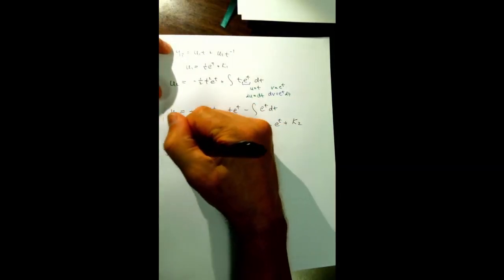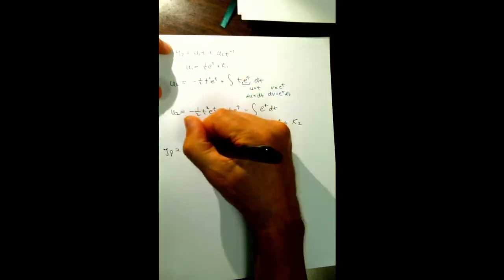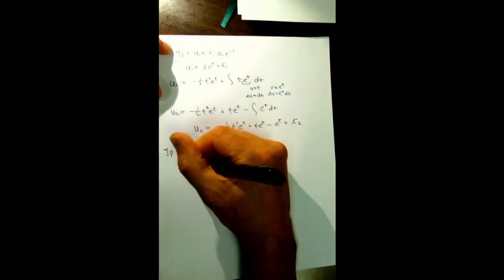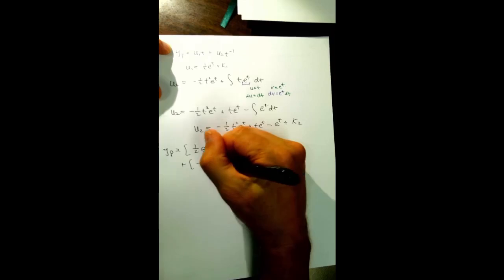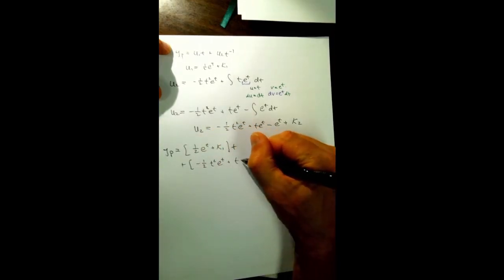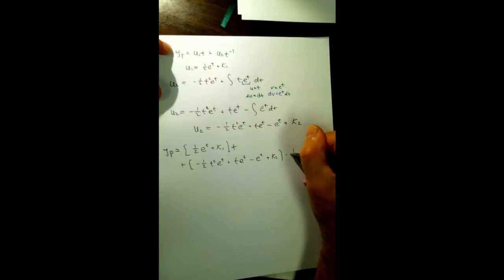So my particular solution is u1 times t. That is 1/2 e to the t plus k1 all times t plus u2 times t to the minus 1. That's minus 1/2 t squared e to the t plus t e to the t minus e to the t plus k2 times 1 over t.